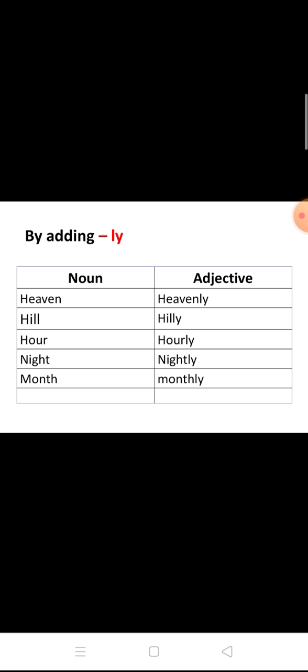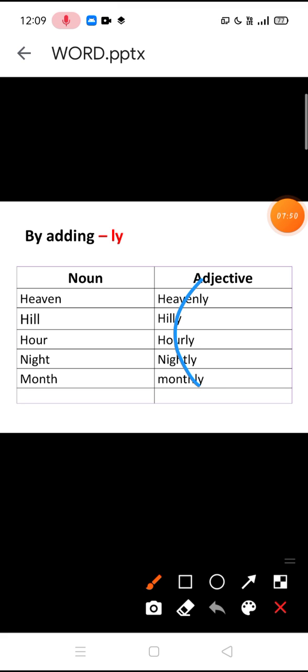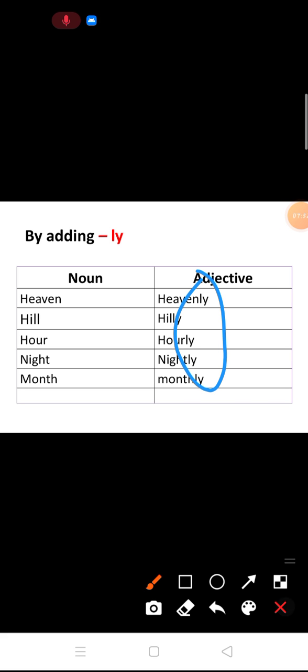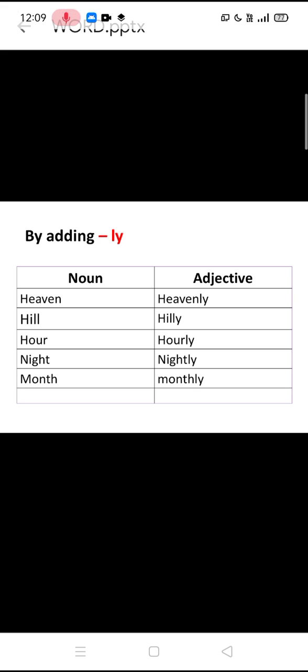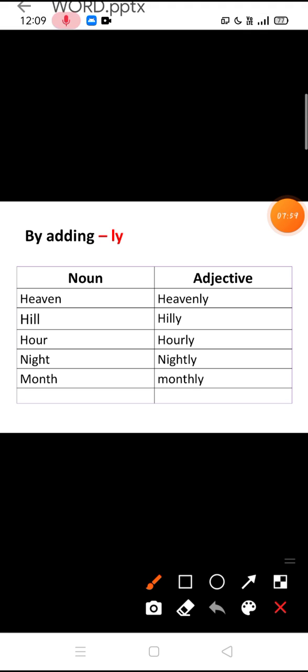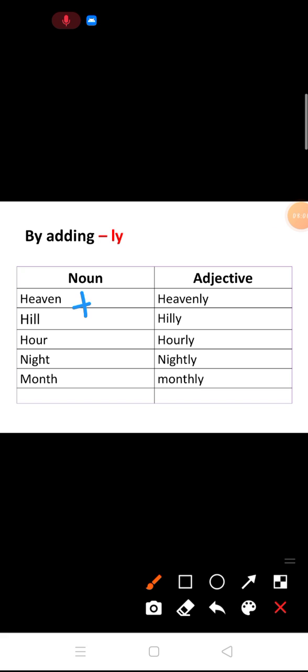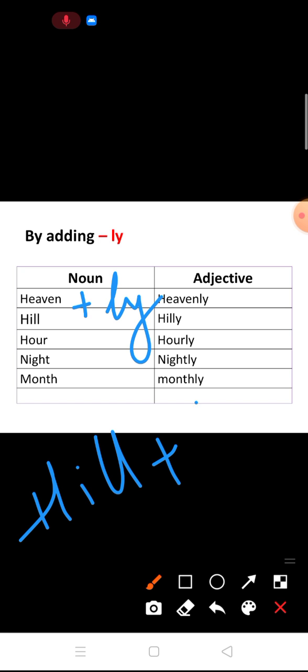Now, the next example is of adding ly as a suffix to the noun. We get adjective. Like heaven. By adding ly to heaven, it becomes heavenly. By adding ly to hill, it becomes hilly.